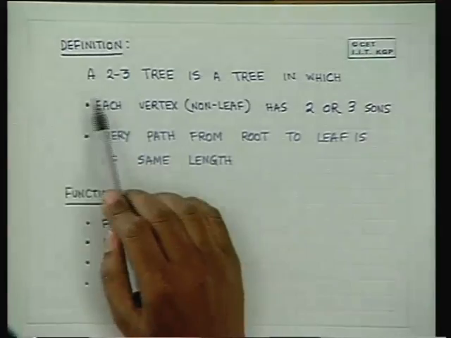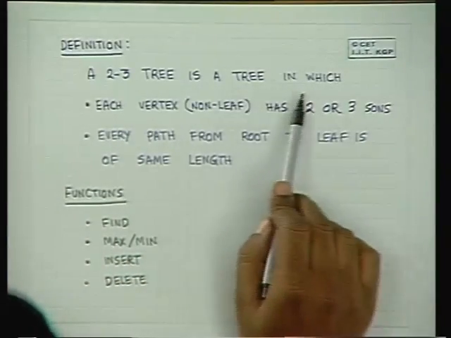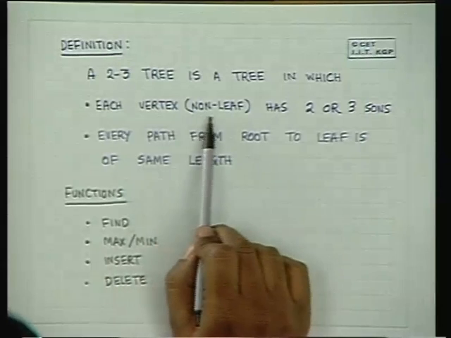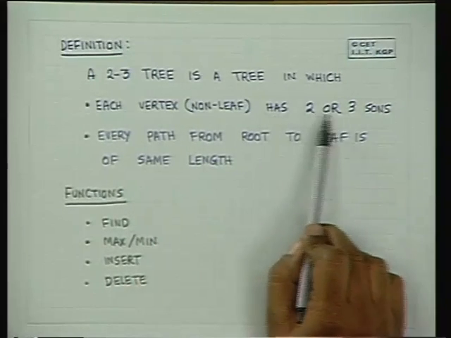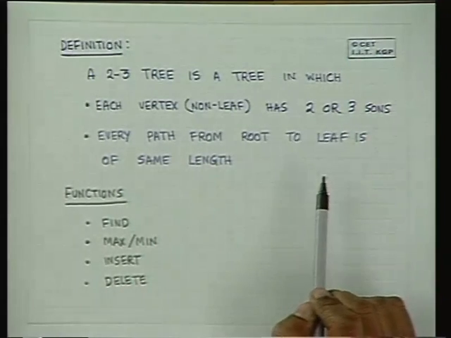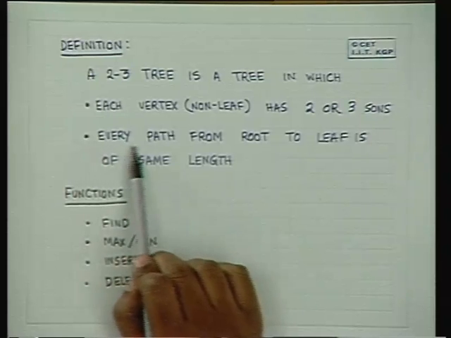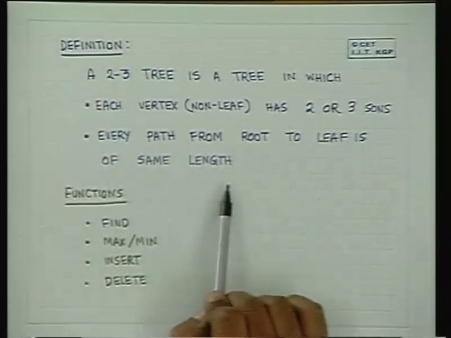Now let us see what we do. So first let us see the definition quickly. A 2-3 tree is a tree in which each non-leaf vertex has 2 or 3 sons or children, whatever, and every path from root to leaf is of the same length.